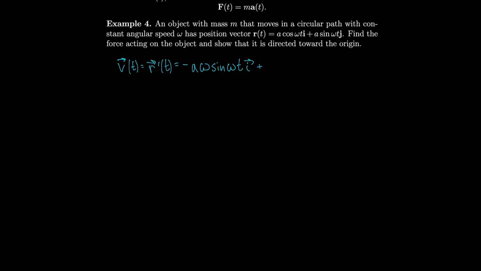And similarly, we'll do the chain rule again for this guy. Omega hops out in front, and we get a times omega times the cosine of omega t j. So let's get acceleration now.